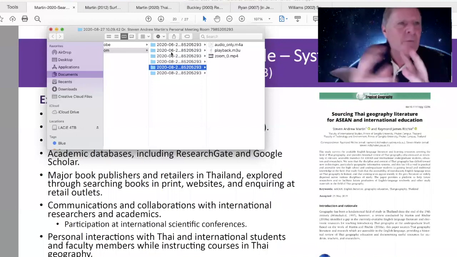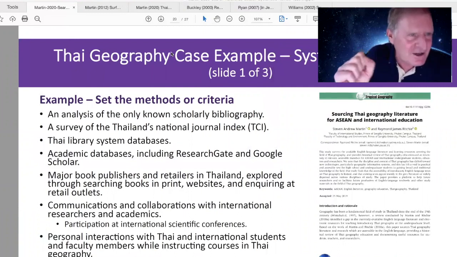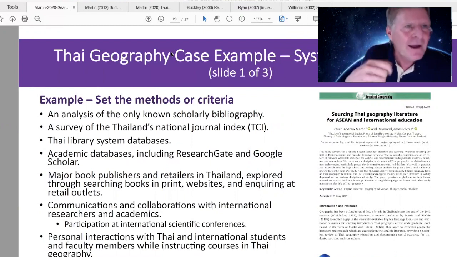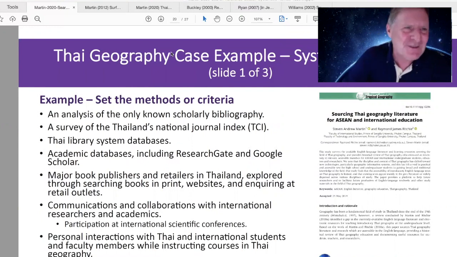It was so broad and so difficult to pinpoint what Thai geography was and define it, that I didn't want to use that word, but I still basically did a systematic review. I used the same methodology that I used in the other paper.